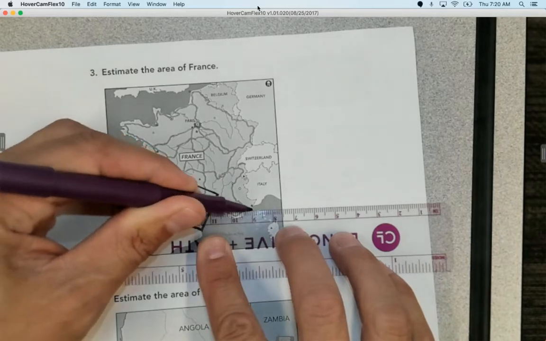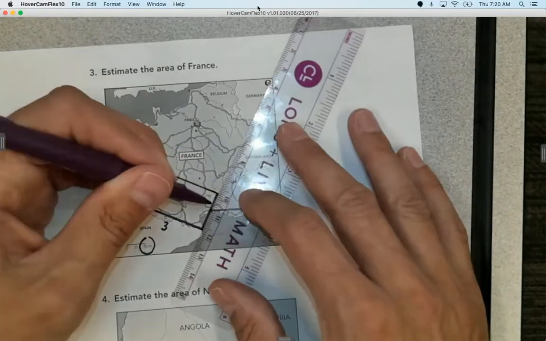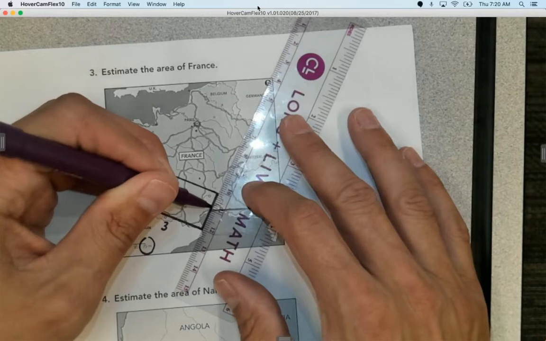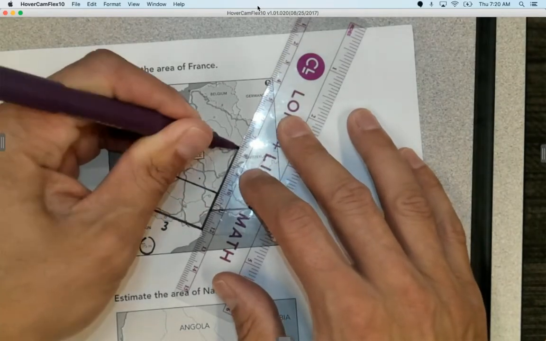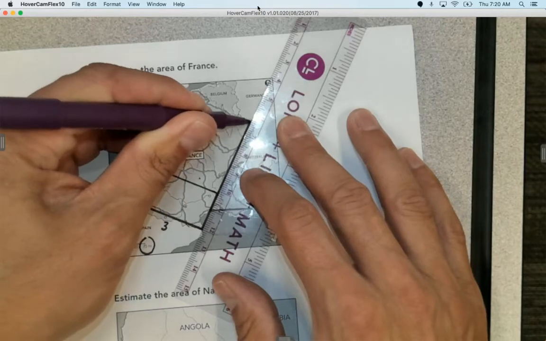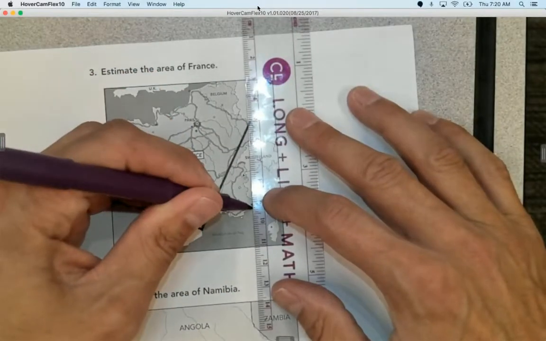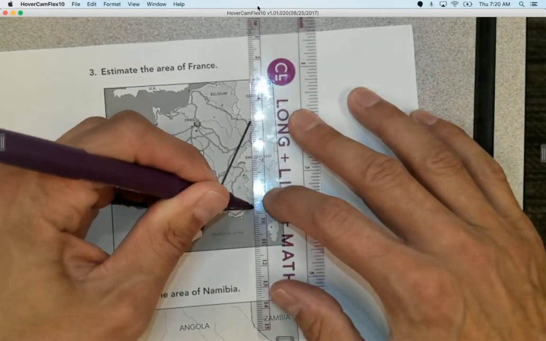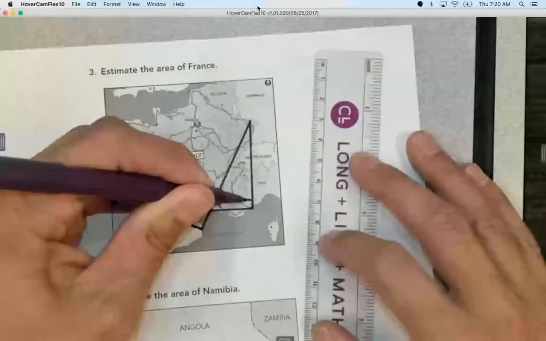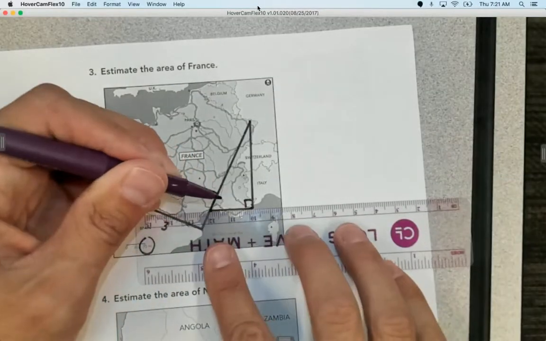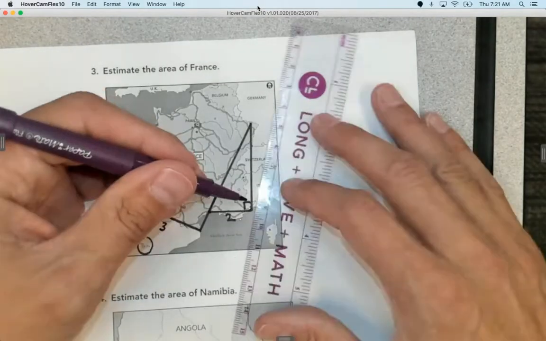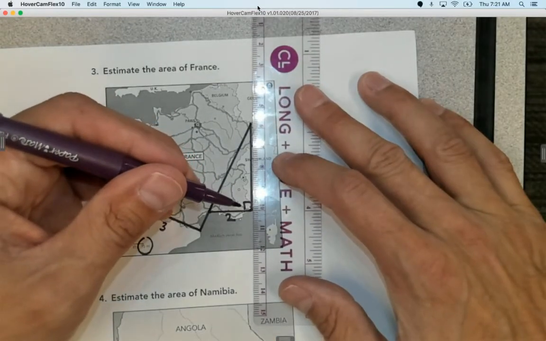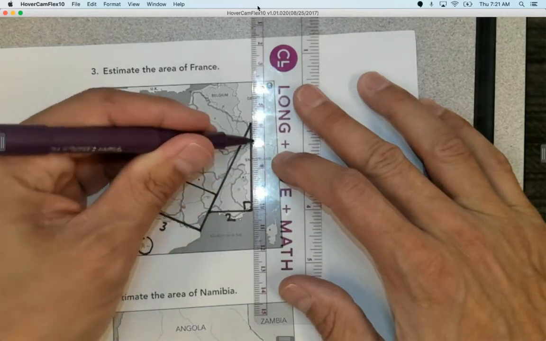And then I'm going to go to this. And then I made it so it's perpendicular here, and it's not perfect, but then we have a base of 2 for that triangle. And then we have a height of 4 for that triangle. All right.